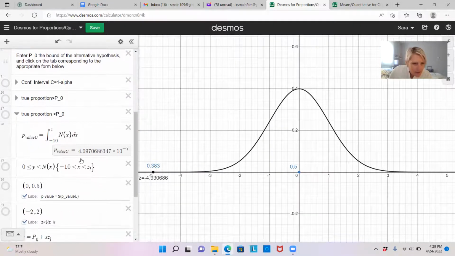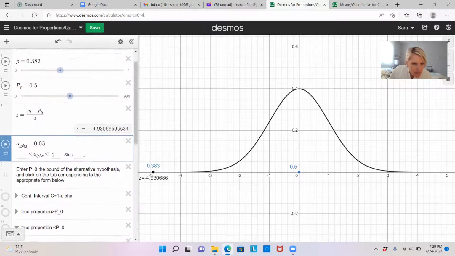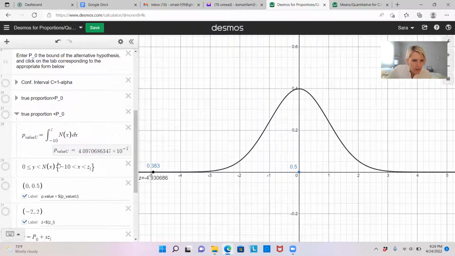And it is very small. And you can see that because our z-score is way past our mean, negative 4.9 standard deviations below. Wow. So yes, our p-value is very, very, very small.